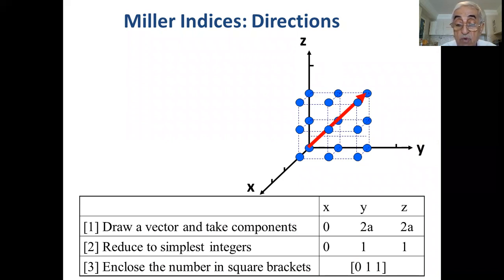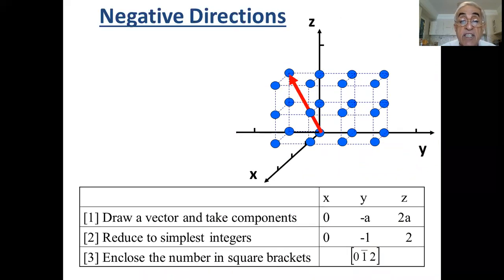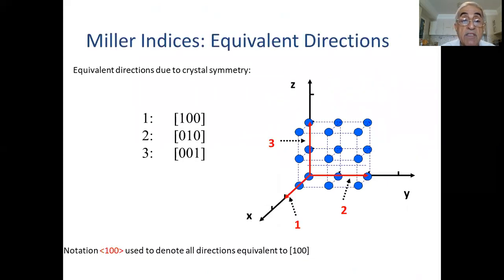So it is [0 1 1] inside the square bracket. Negative directions are given here, minus y direction. So x will be 0, y minus 1, and z 2. So it is [0 1-bar 2]. Bar means negative direction.